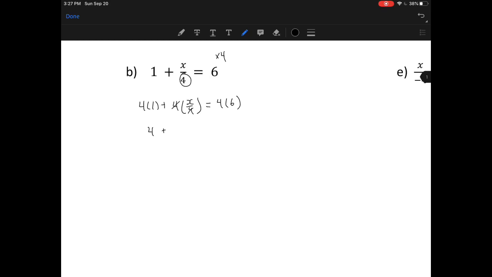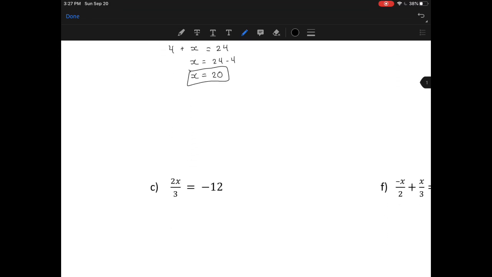From here, 4 times 1 is 4. These 4's cancel out, and we'll be left with 4 plus x is equal to 24. Then we'll move the 4 to the other side and get x equals 24 minus 4, which is equal to 20.